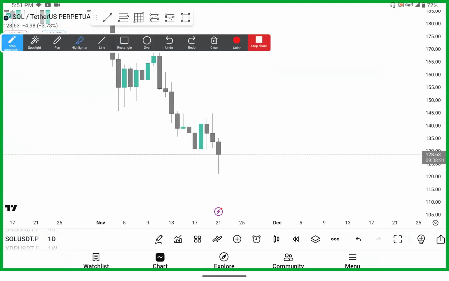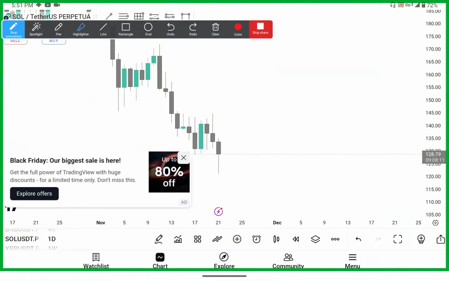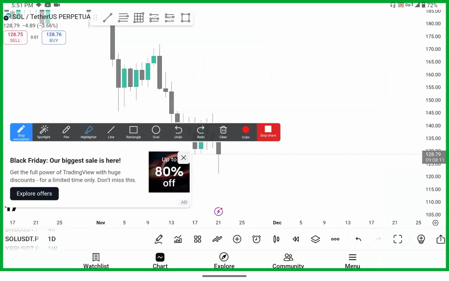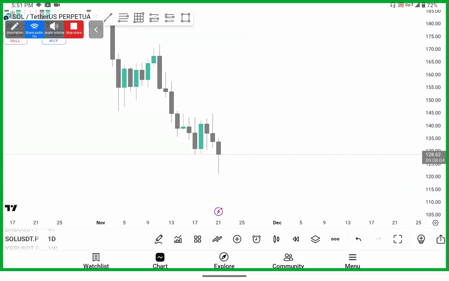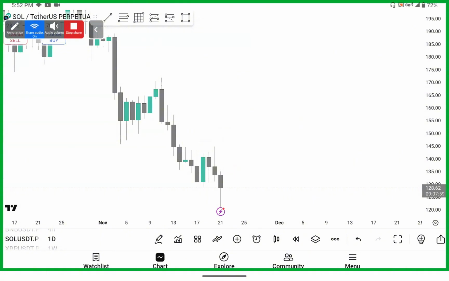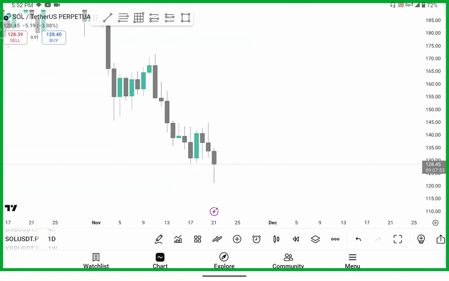You should not forget that every chart that you open is always an indicator that every candle, once I am on daily, took 1 day to be formed. Every candle on 4 hours took 4 hours to be formed. You get? So you should be attentive to that. This one is daily, meaning every candle that I see on this chart took 1 day to be formed.